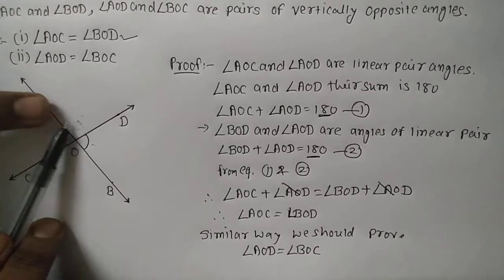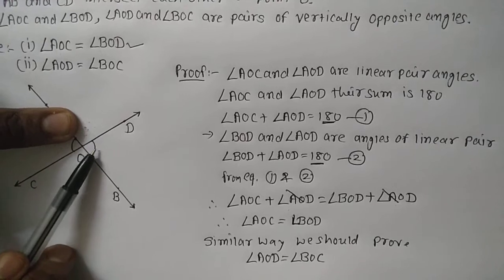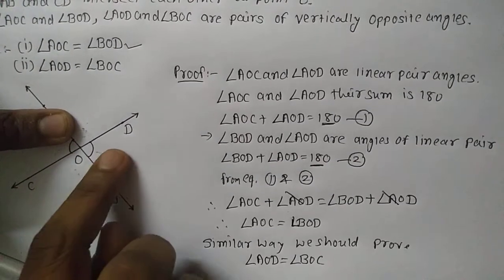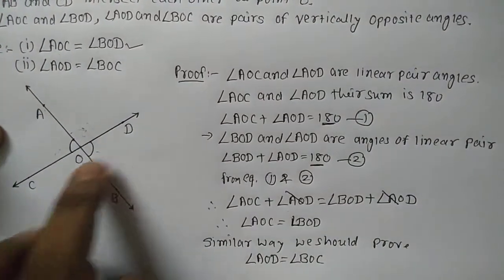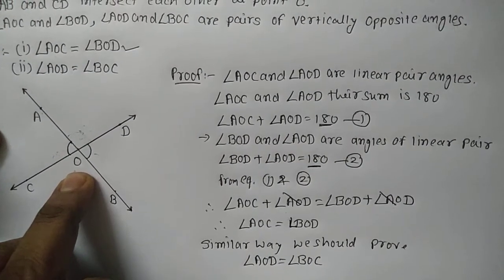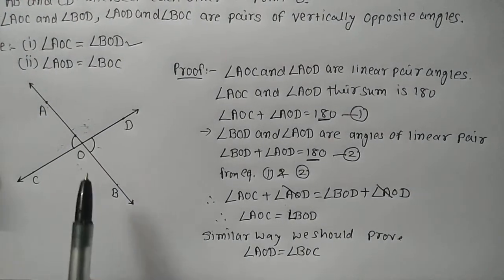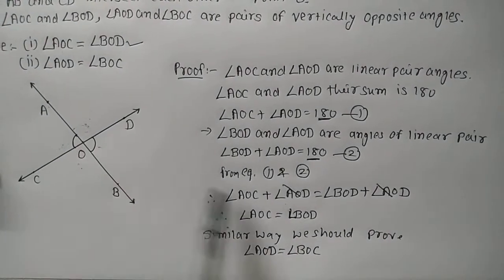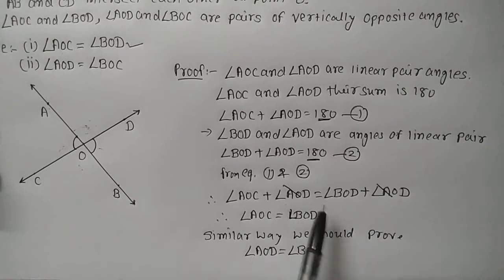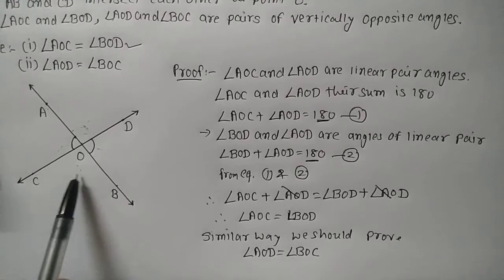First of all, this angle and these angles are making a linear pair, so the sum total of both of them would be 180. In a similar way, I will take this angle as common. Now these two angles are also making a linear pair, so they are also supplementary, and the sum total would be 180. From equations 1 and 2, this angle would be common in both of them as we saw here. So they will be cancelled, and angle AOD is equal to BOC.